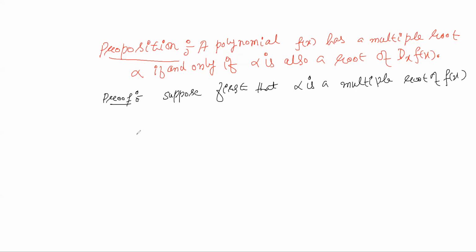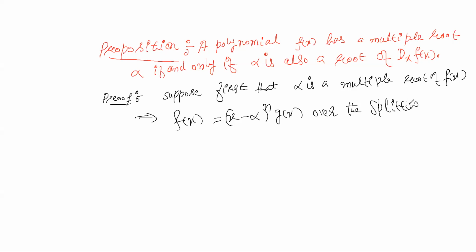Then over its splitting field, this polynomial f(x) is (x minus alpha) raised to the n times g(x). Here n must be greater than or equal to 2, and g(x) is some polynomial.